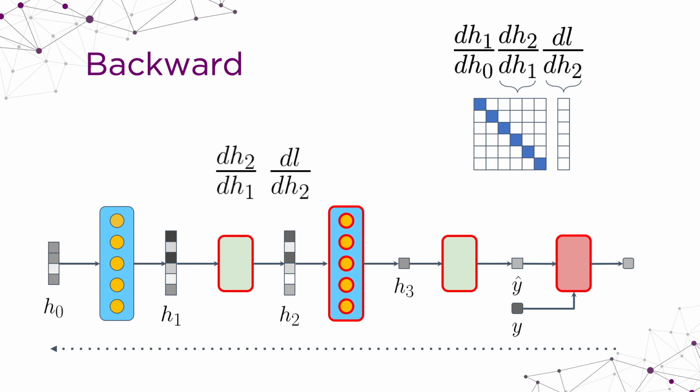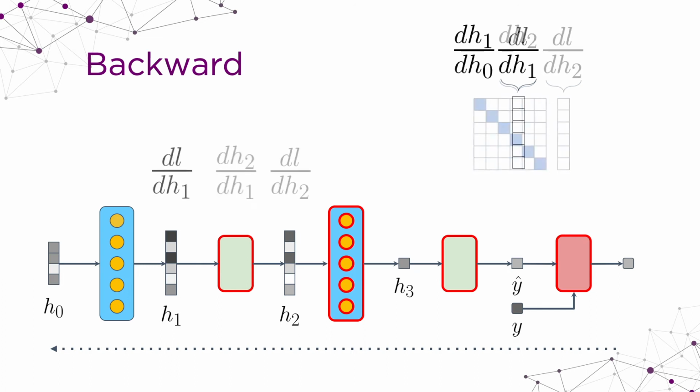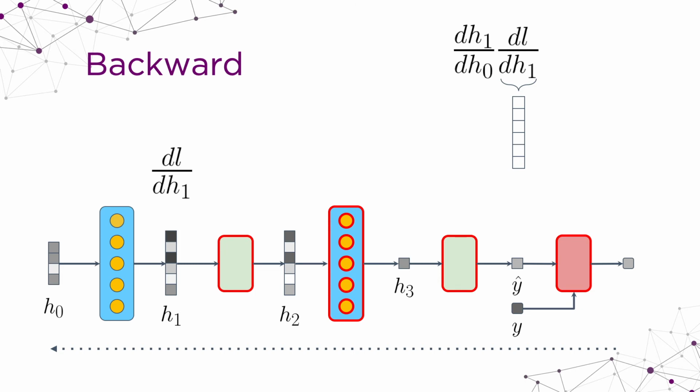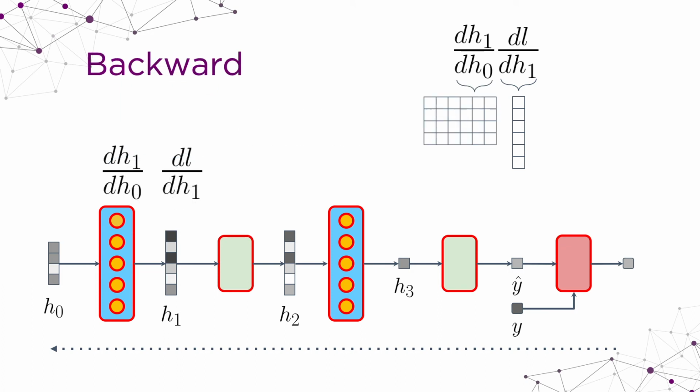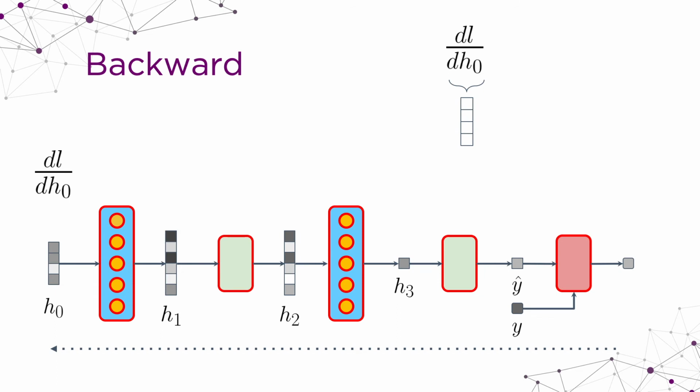And I can multiply the two again. And now I have the derivative of the loss with respect to H1. I'm doing the same for this module, and I can even take the derivative of the loss with respect to the input, to the image. And we will see what we can do with this information.